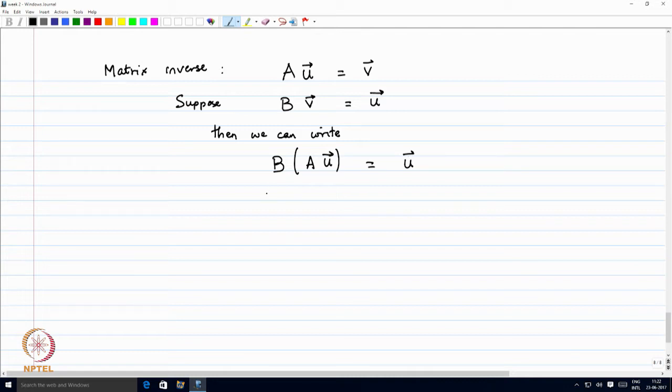Okay. And so now A and B are matrices, and this I can write as B A operating on U is equal to U. So B A is a product of two matrices.